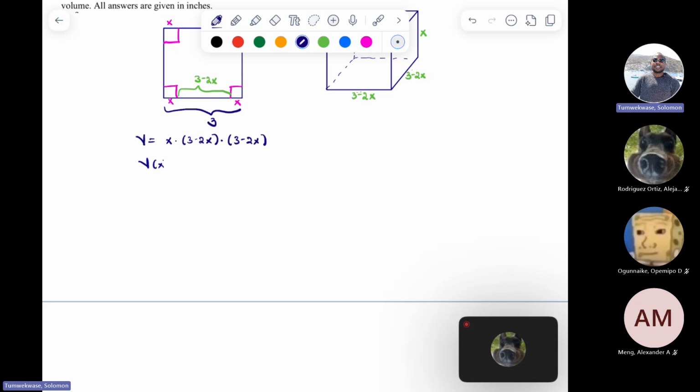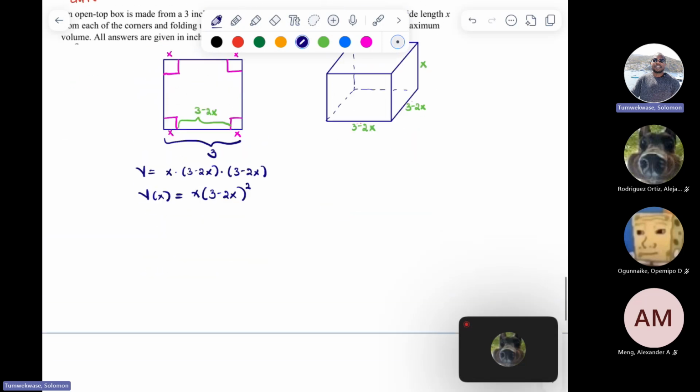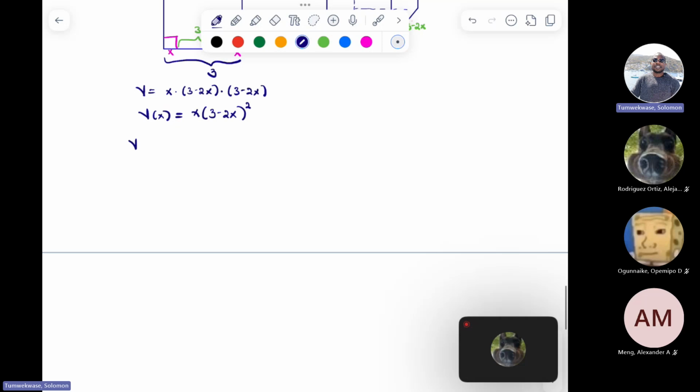So my V, which is a function of x, is x times 3 minus 2x, the whole of it squared. We are interested in finding the x that maximizes this. So if I take the derivative by product rule, this is x times 2 into 3 minus 2x times negative 2. I hope you know how I got that. Then plus 3 minus 2x, the whole of it squared.